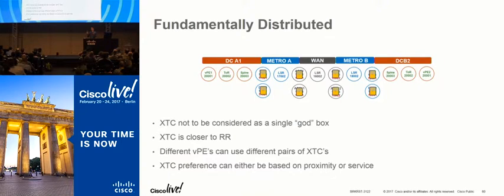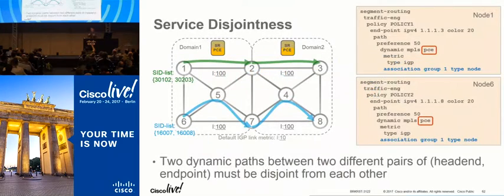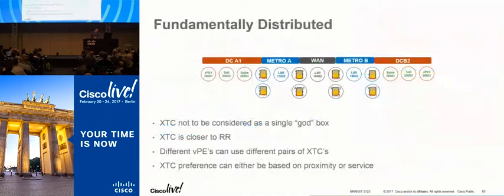And maybe you'll have 2 XTCs in the Netherlands for the voice over IP service or another important service. So it's per geography, per service. It's completely distributed. You have no one God box that could fail and impact the availability of all your service. And they will be able to talk to each other in case you are going out of the region.